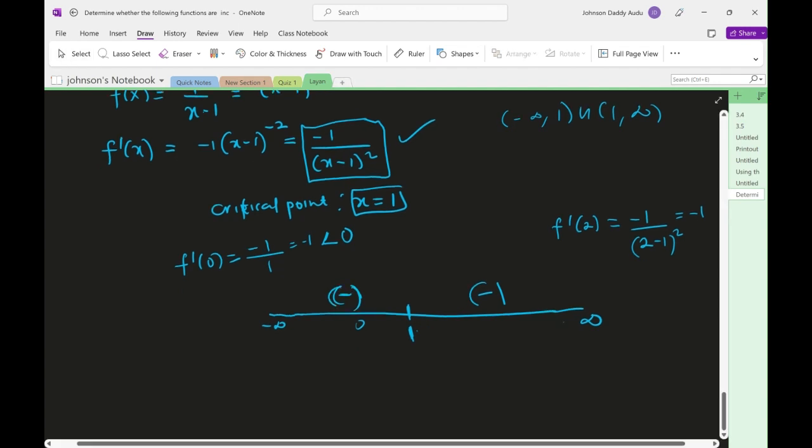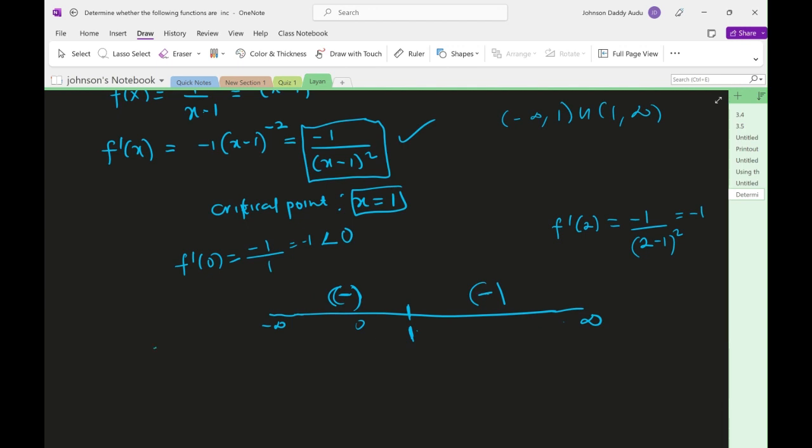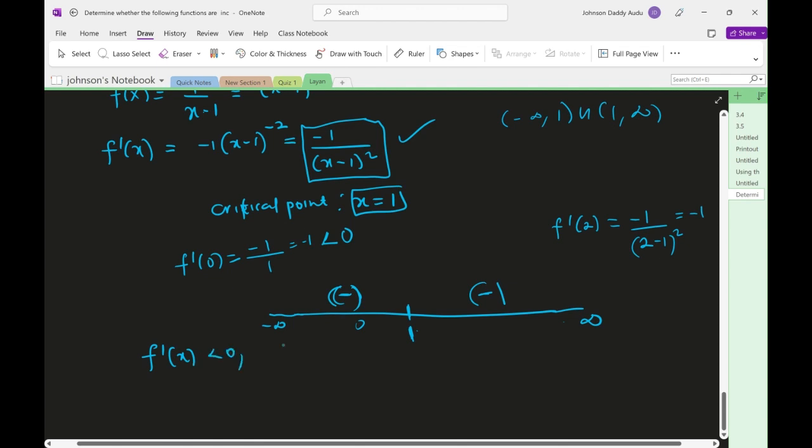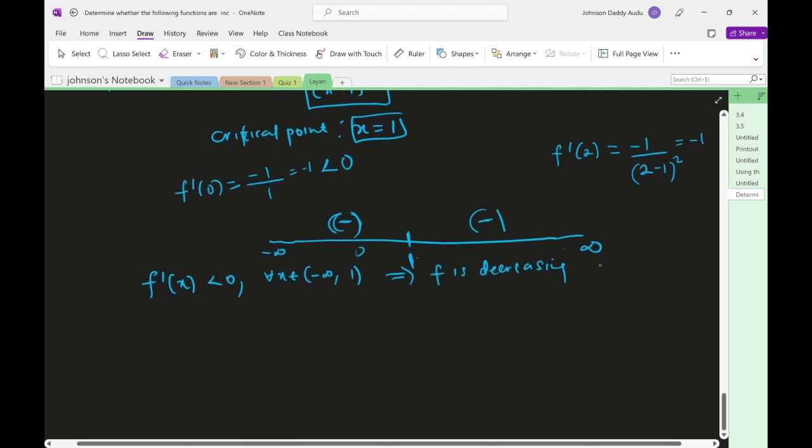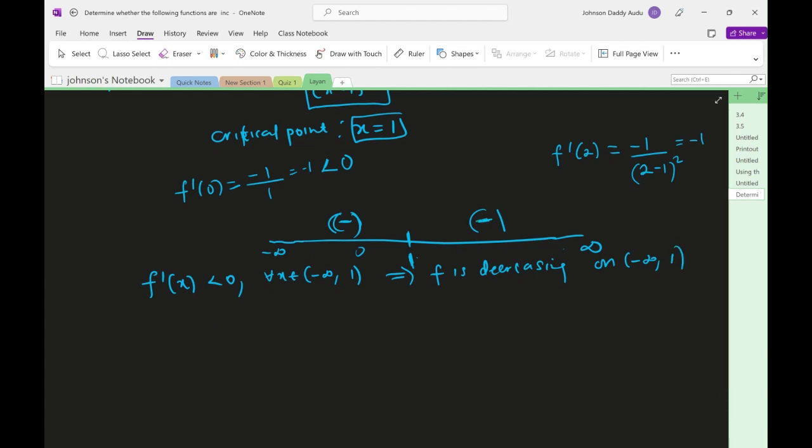So what does that tell you? Remember, the signs I'm putting in this bracket are the signs of the derivative of f. So it means f prime of x is less than 0 for any x in minus infinity to 1. And what does this mean? This means that f is decreasing on minus infinity to 1. Here also, you see, it's negative.